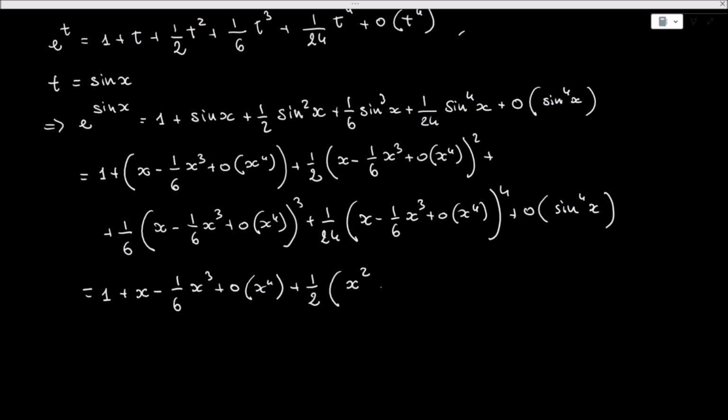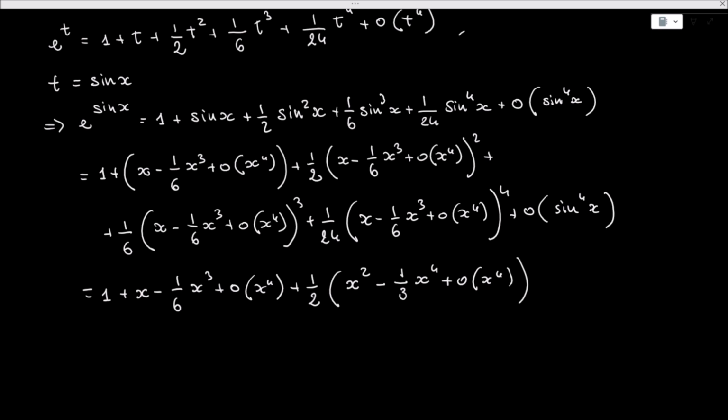So the only thing that remains at this point is the double product, which is minus 1 over 3 x to the 4 plus little o of x to the 4. Right?